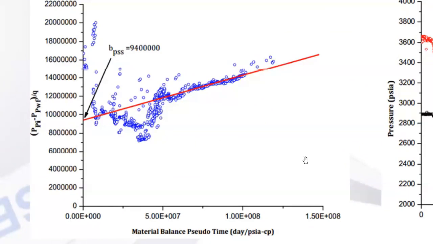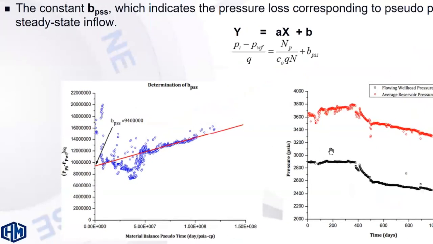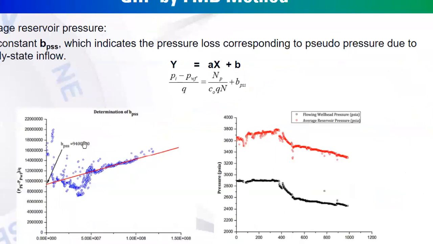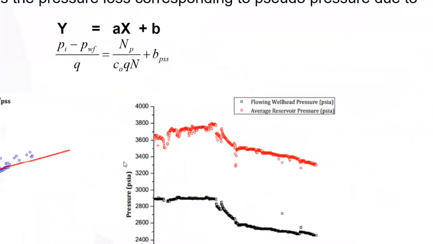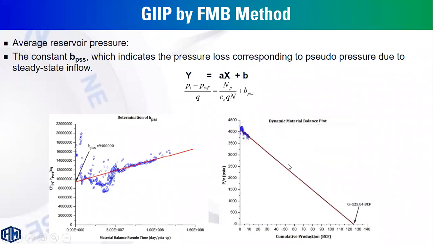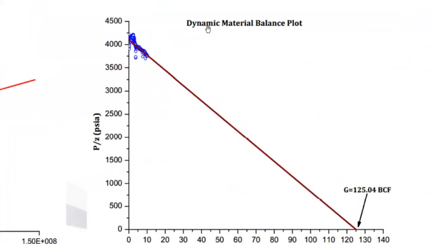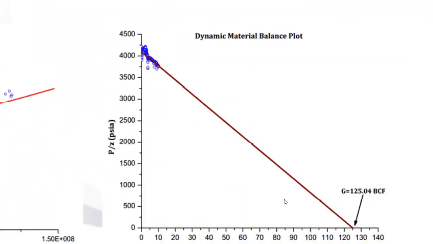Accordingly, we can calculate the average reservoir pressure using the value of the pseudo-steady state constant, and also predict the gas initially in place. And this is the prediction of gas initially in place using the dynamic or flowing material balance plot, as you can see.